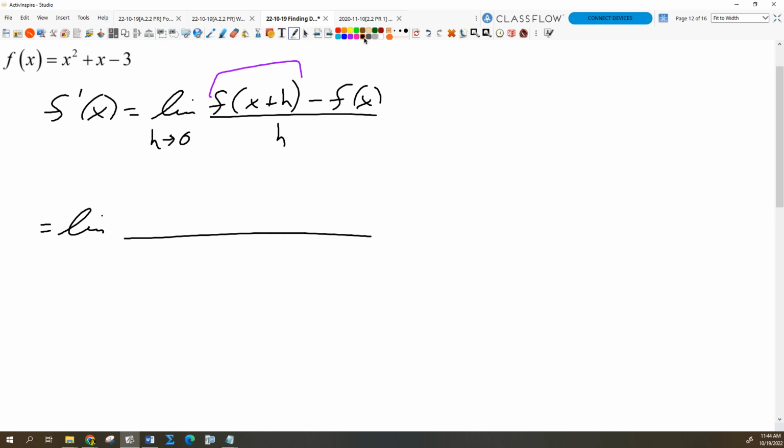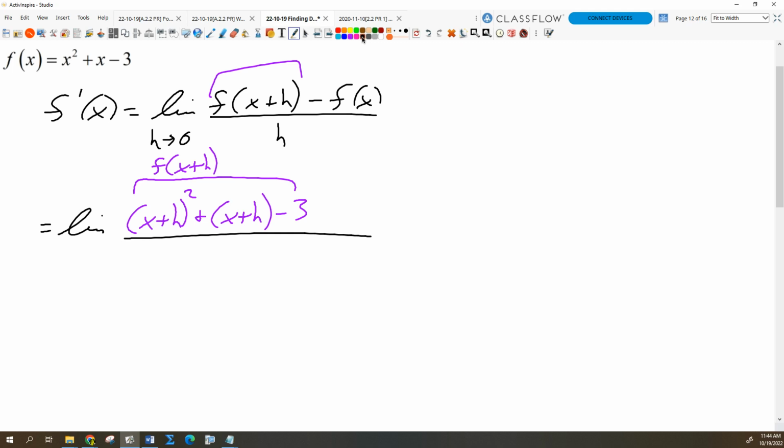The quantity x plus h squared, plus x plus h minus 3. That is f of x plus h.